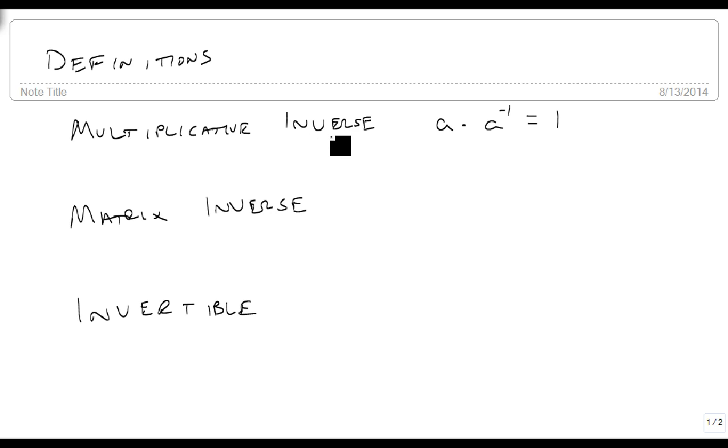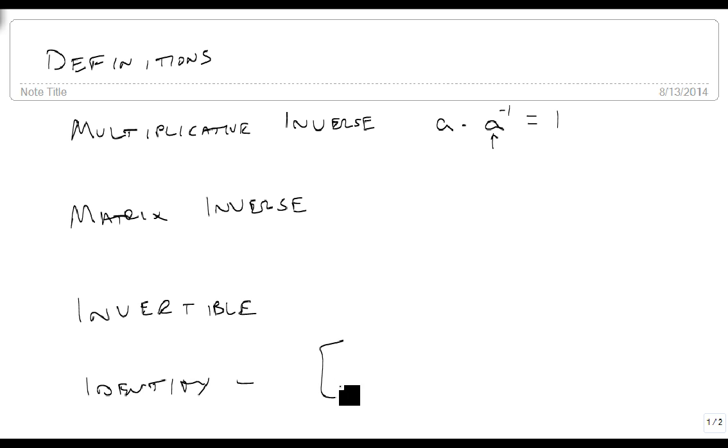So multiplicative inverse is the number that I multiply by to get 1, and it's always the inverse of that number. Well, matrix inverse is similar, but we need to add a definition here. I'm going to talk about the identity matrix for just a minute, then I'll come back up here.